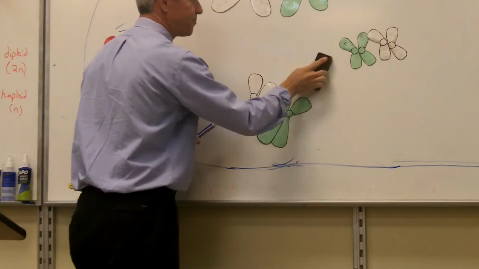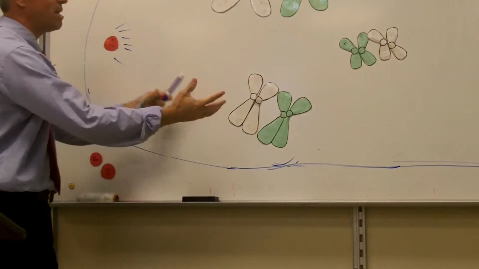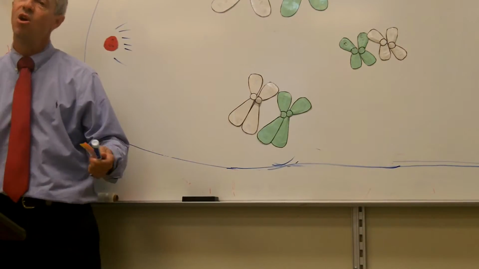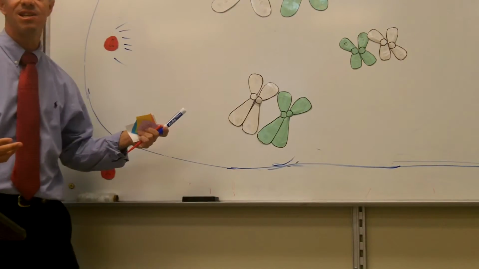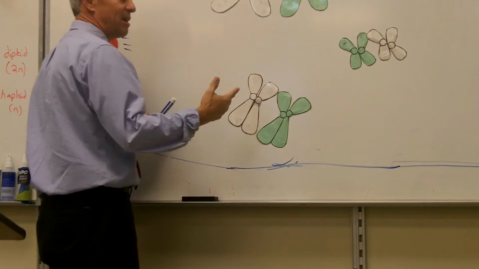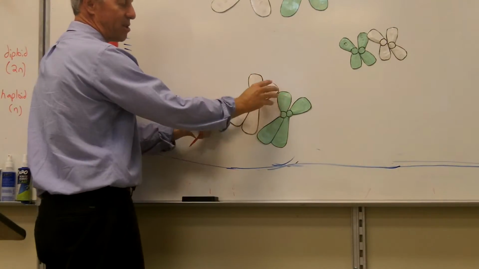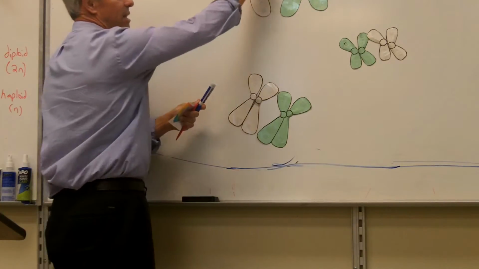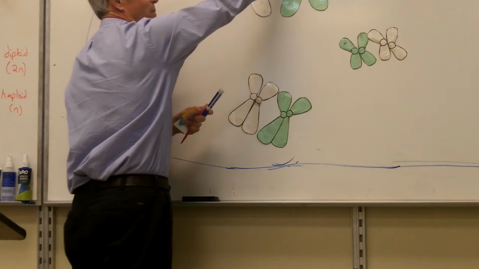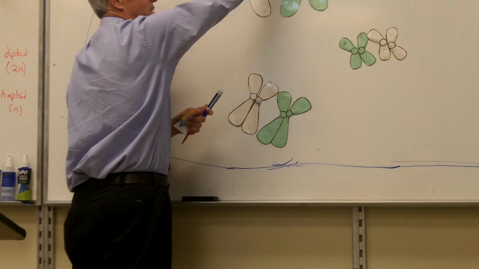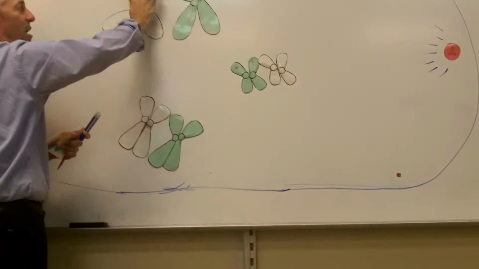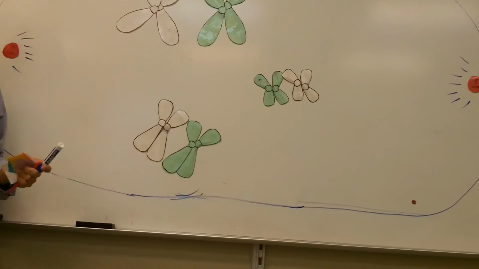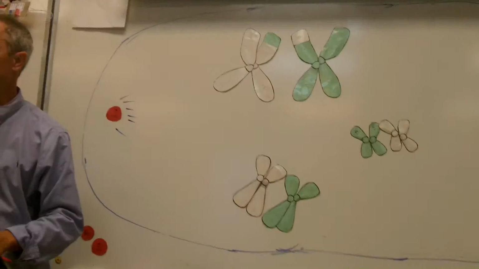Okay, so anyway, they form these tetrads. And what happens when they form these tetrads? Something happens in the center. They swap. They cross over pieces. Pieces can get switched from one to the other. That's a big deal.